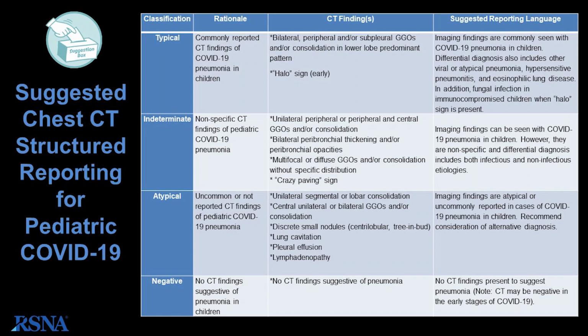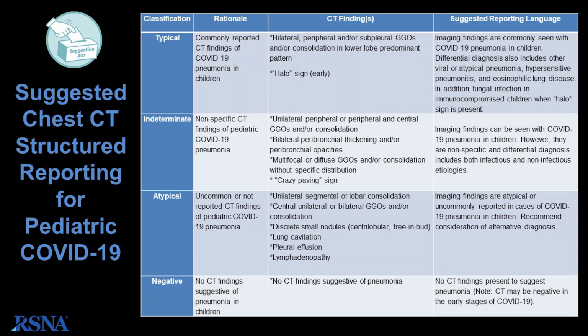The indeterminate category is again used for findings that can be seen in COVID-19, however, are not classic or typically seen. Again, you'll see the unilateral peripheral and central ground glass or consolidative opacities, which, as we previously discussed, is included here because it doesn't have the bilateral pattern that we expect to see. Other findings in this category are bilateral peribronchial thickening or peribronchial opacities, as might be seen with common viral respiratory illnesses or reactive airway disease.